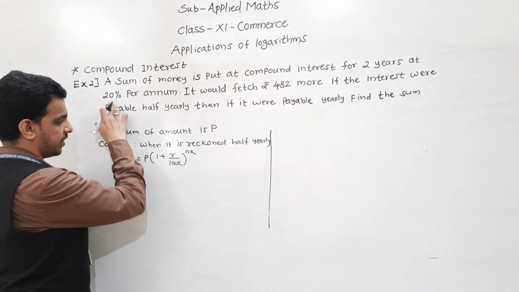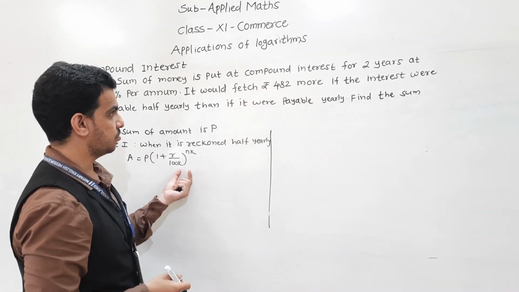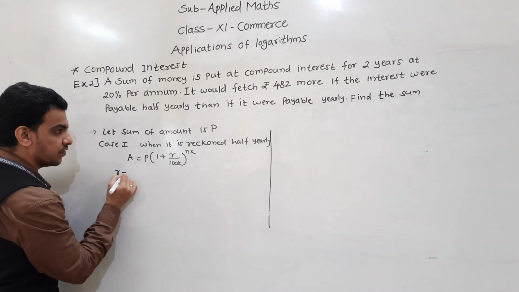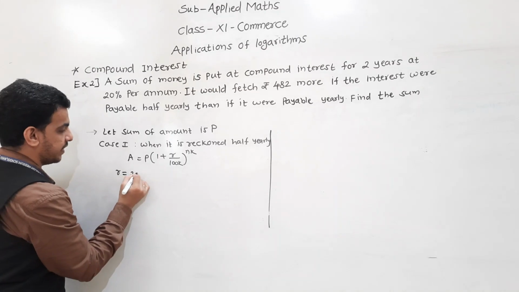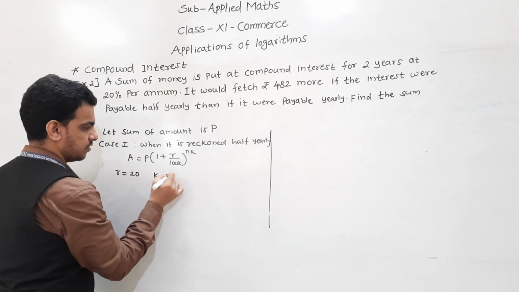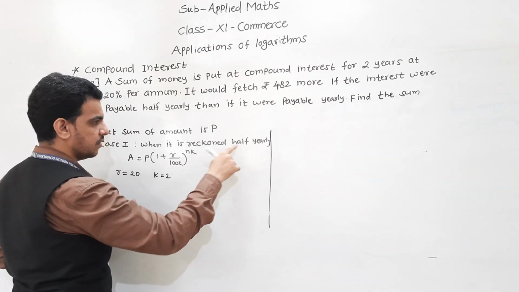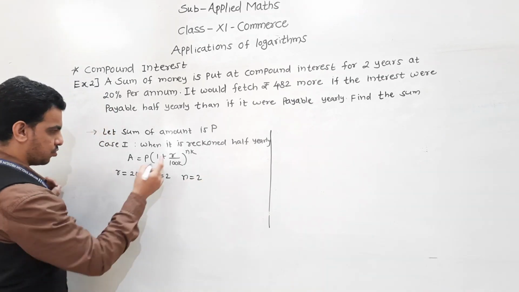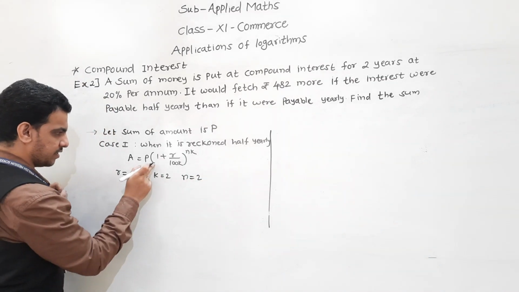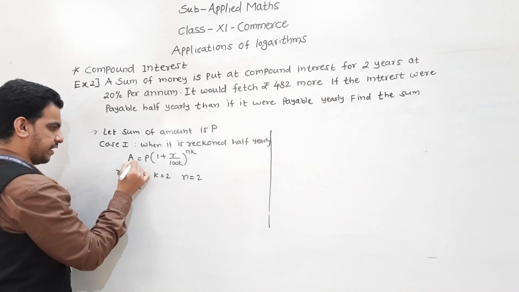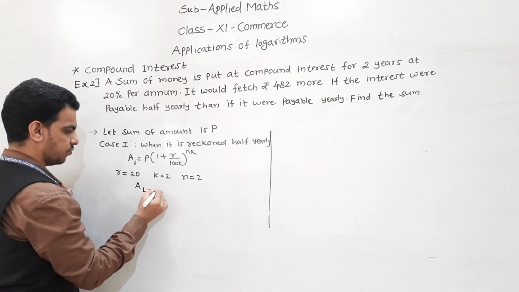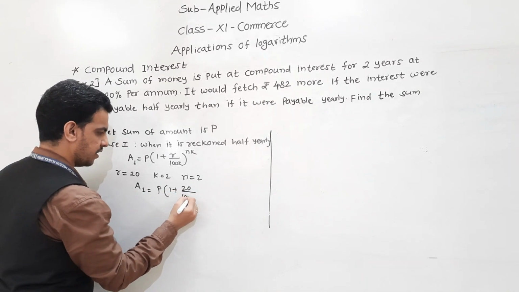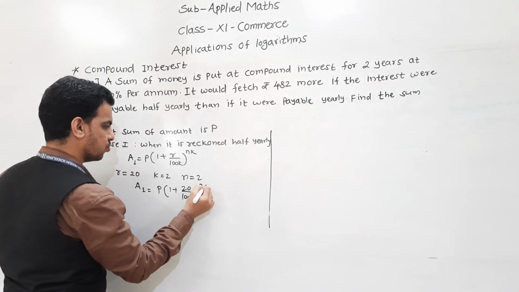R is given 20, K is 2 when it is half yearly, and N is given 2. So we have to put all these quantities in this formula. So A1 is equal to P into 1 plus 20 by 100 into 2, raised to 2 into 2.